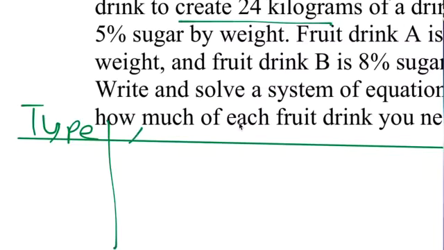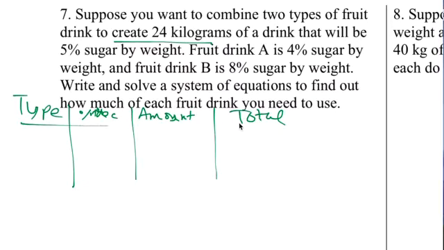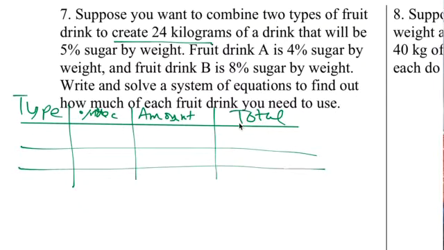The second, percent to decimal. The amount. And then U, and then total at the end. So there's two types of solution, and the third is what you're creating.